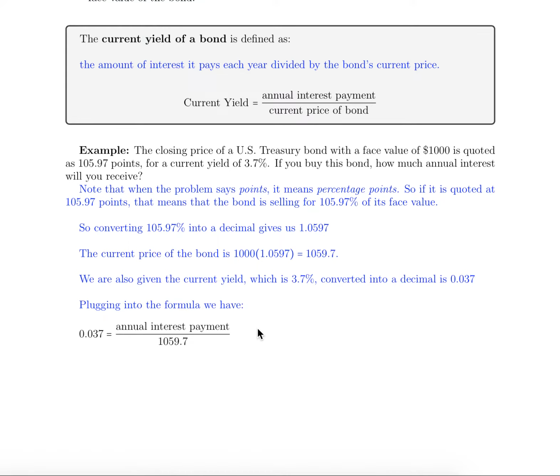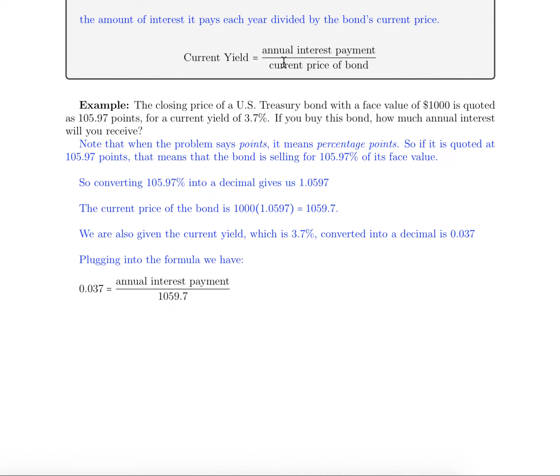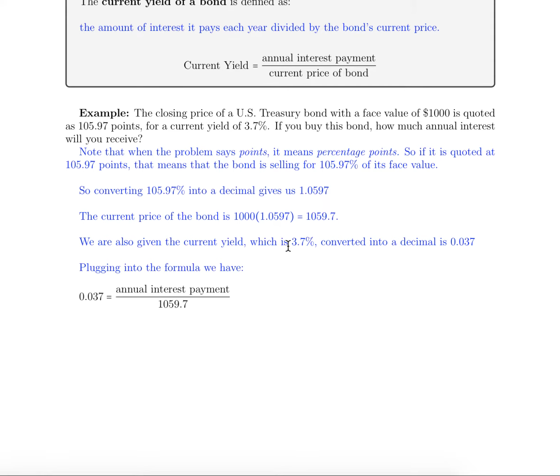Now, what's really great is we can just plug all this straight into the formula. So we have 0.037 equals annual interest payment divided by current price of the bond. How do we solve for annual interest payment? We multiply each side by the denominator, which is 1,059.7. So multiplying each side, we get that the annual interest payment is going to be $39.21.